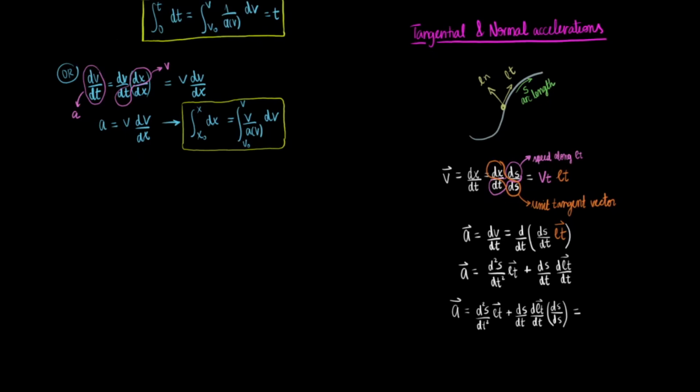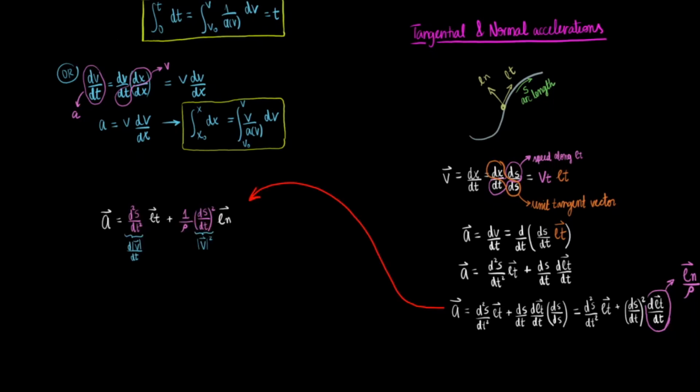We end up with the first term unaltered and ds dt squared times det ds. For reasons we will not go through in this proof, det over ds equals en over rho, where rho is the radius of the curvature of the path. From here, we can rewrite the expression highlighting each acceleration component, the tangential and the normal.